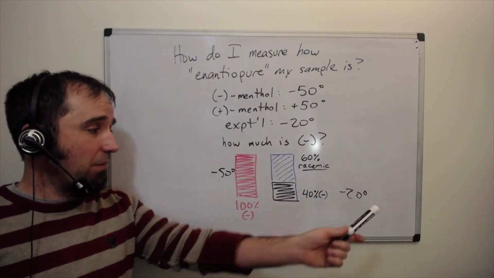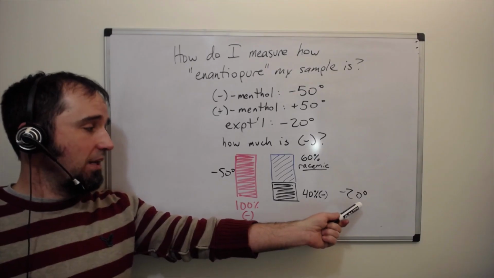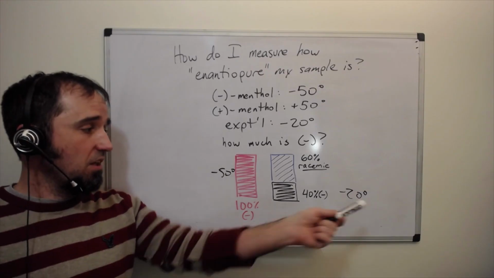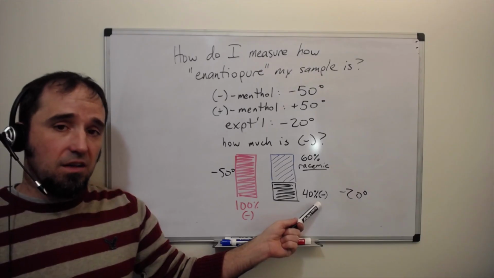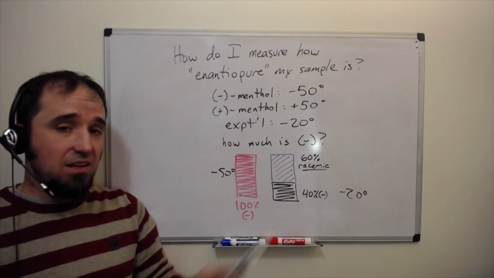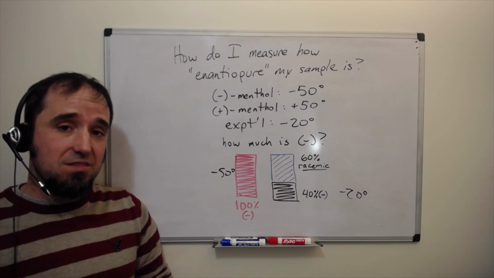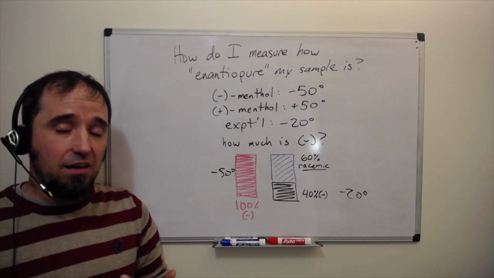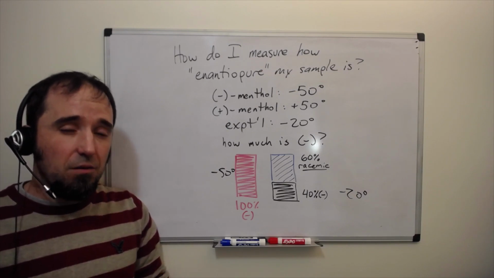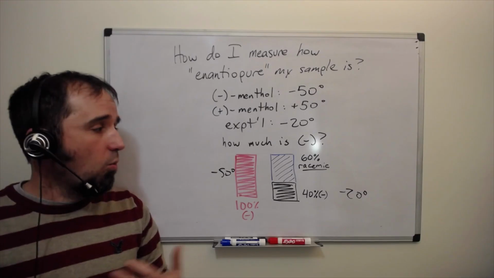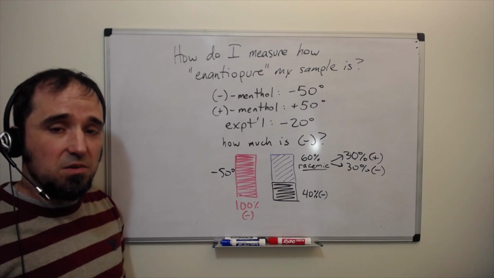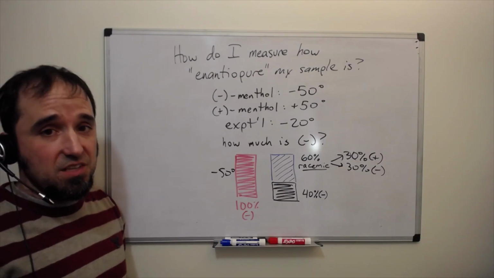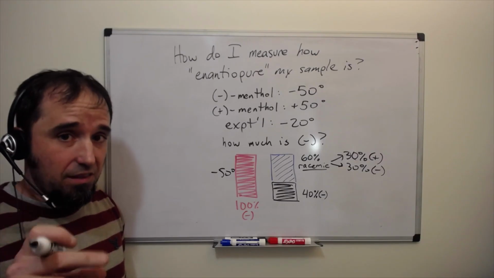If I have minus 20 degrees, minus 20 is 40% of 50. So that means that only 40% of my sample is minus. The rest of it is racemic, right? Remember, racemic mixture doesn't rotate light at all. But we can unpack that a little bit, right? Because what does 60% racemic mean? 60% racemic means 30% plus and 30% minus within that, right?